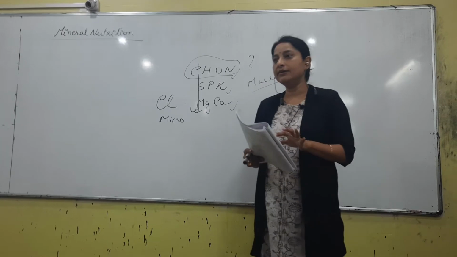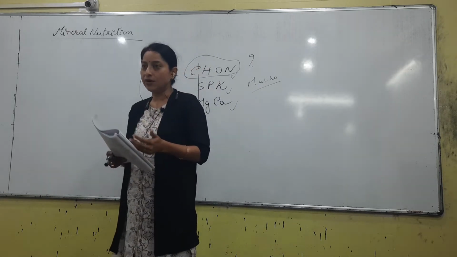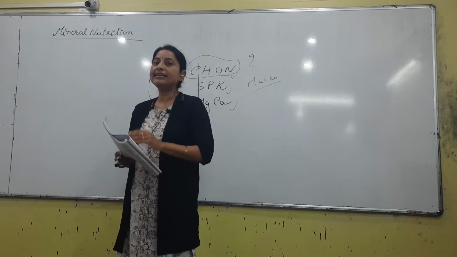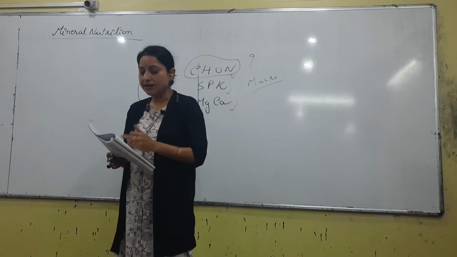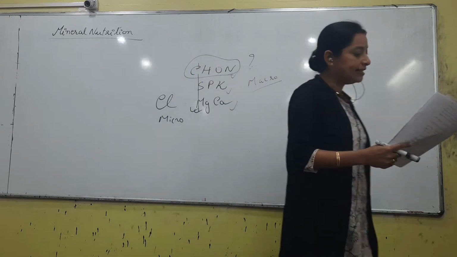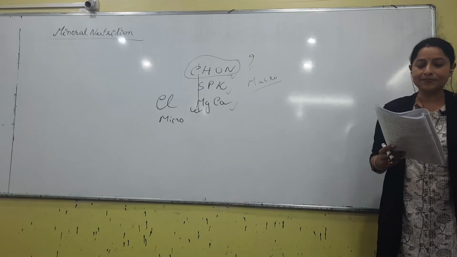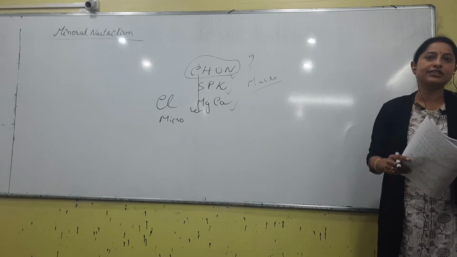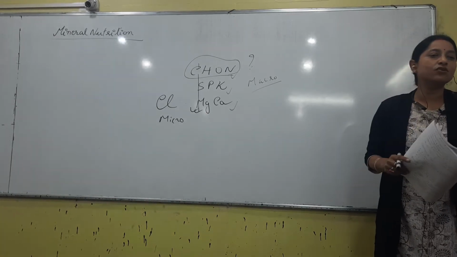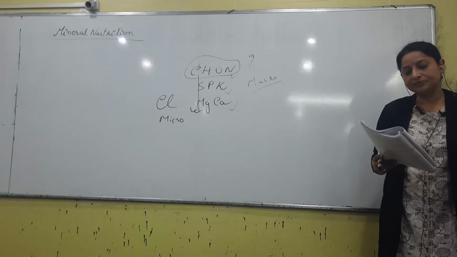If a plant suffers from toxicity of Mn, then deficiency of some elements occurs. It is written: toxicity of Mn induces deficiency of iron, Mg and Ca, right? A direct question can come that Mn toxicity causes deficiency of which elements, right? So write that down as important.